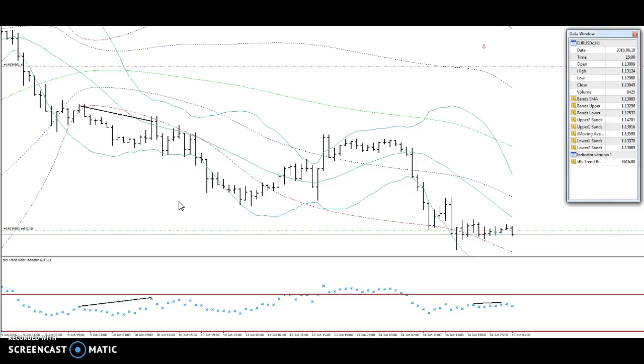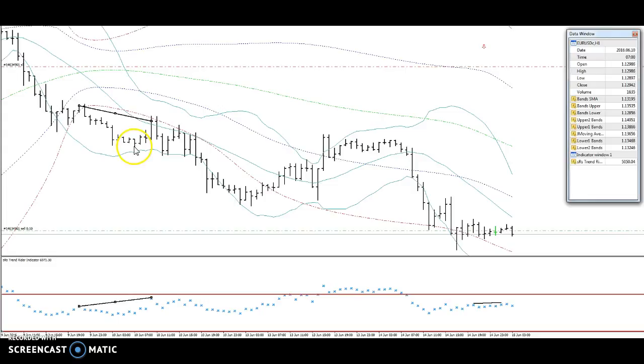And there is another kind of divergence, which is called hidden divergence. In the case of hidden divergence, what happens is that the direction of the arrows, no, I'm sorry, this was a hidden divergence, what I just explained, because the price has come down and the indicator has moved up. So this is called classical hidden divergence.